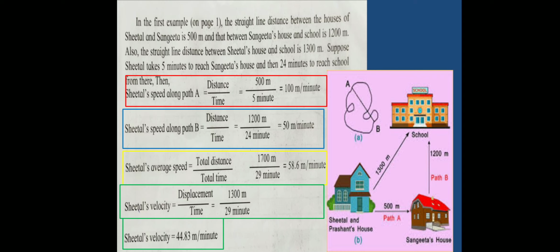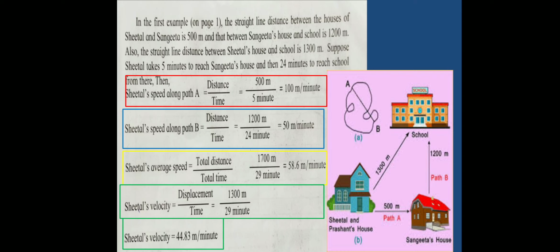Now children, see in the red box, Sheetal's speed along path A is equal to distance upon time, which is 500 meter upon 5 minutes. After calculating this, we will get 100 meter per minute.